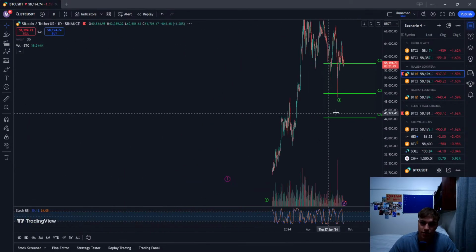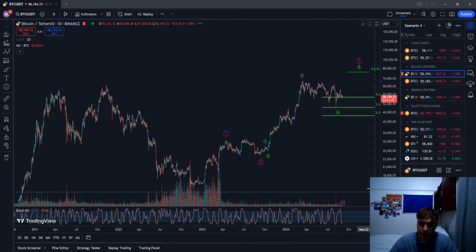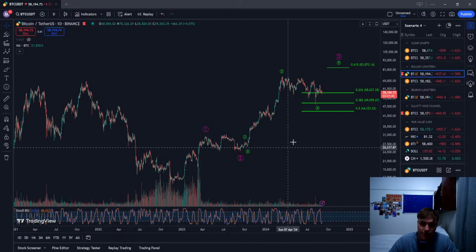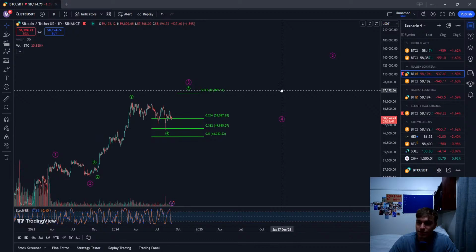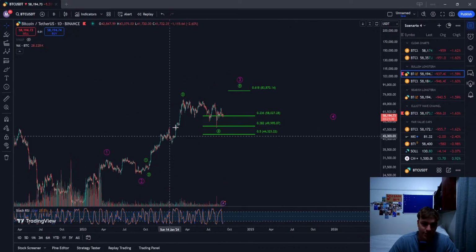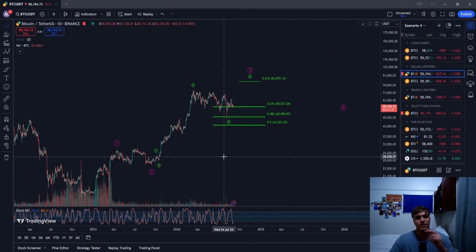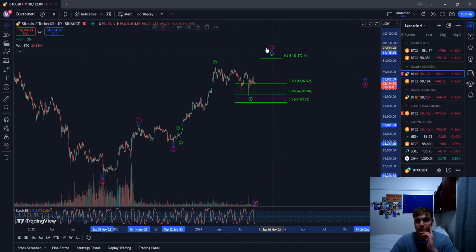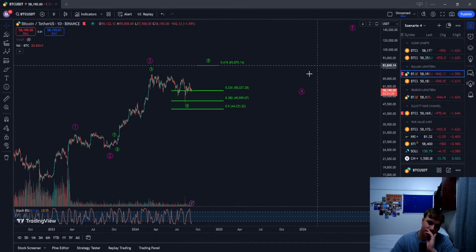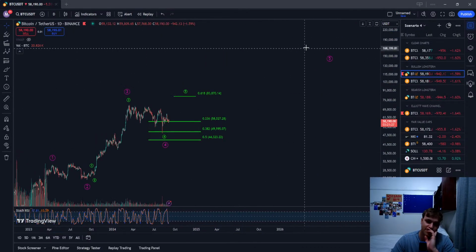Bullish long term. This is still the bullish long term that we've been tracking. Yeah, there's my flat. 1, 2, 3, 4, 5, 1, 2, 3, 4, 5, and definitely possible. The only issue here is, what if this is now almost done?